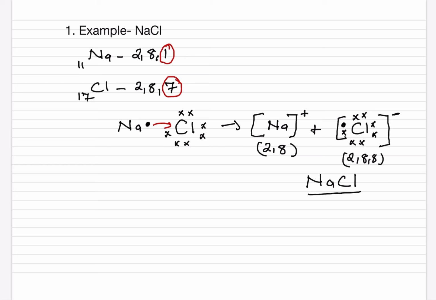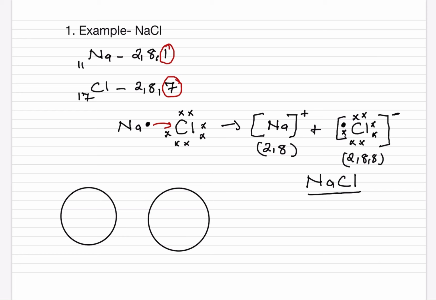We can also show in another way how the bond formation of sodium chloride takes place. So we can make two circles showing the element sodium and element chlorine.